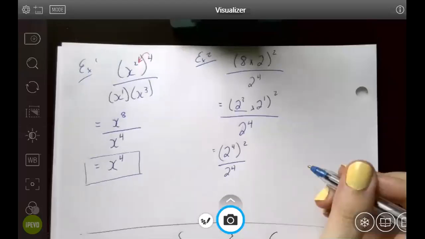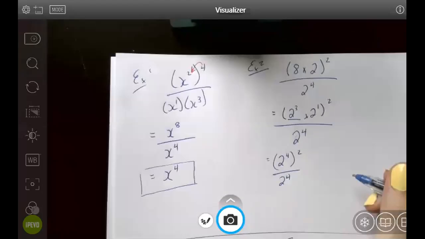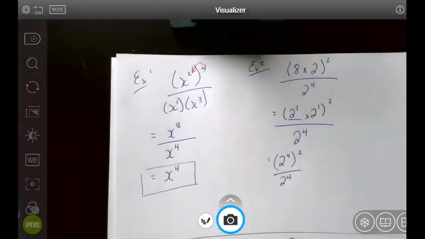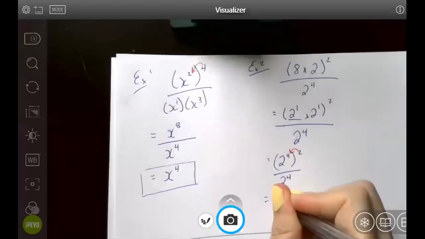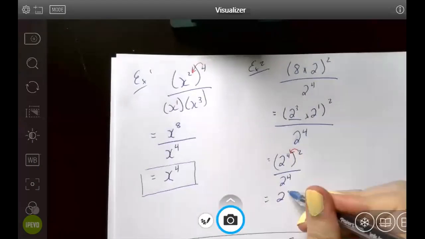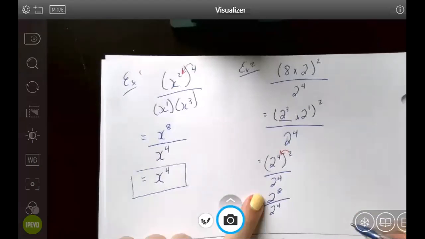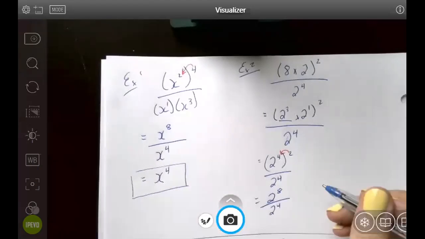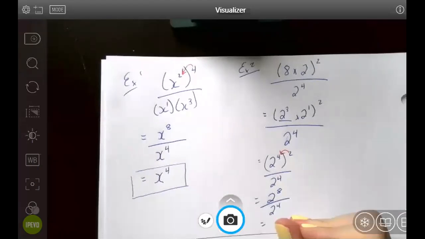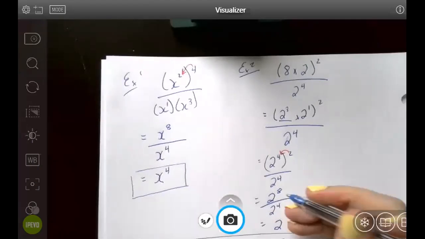My next step is going to be to apply this exponent to my power. When I do that, I multiply the power, so that's 2 to the power of 8 over 2 to the power of 4. And now my last step, now that I'm dividing like bases, I subtract their exponents. So my final answer will be 2 to the power of 8 minus 4, which is 4.